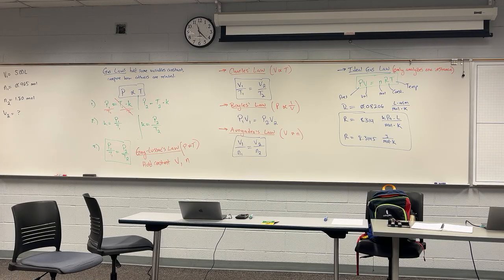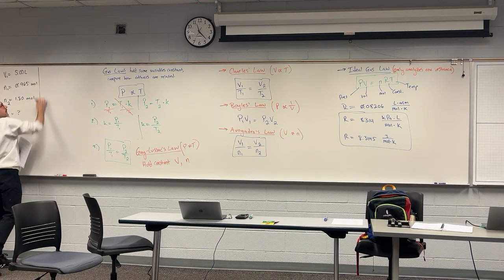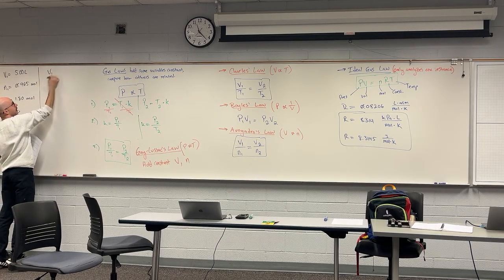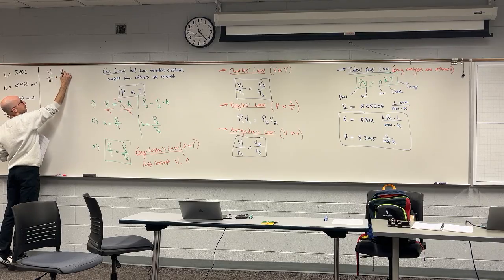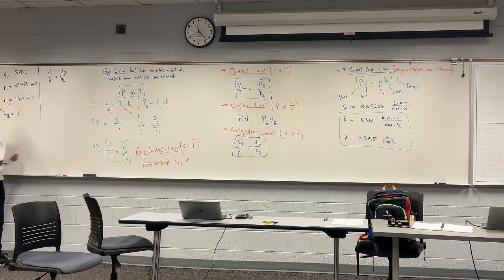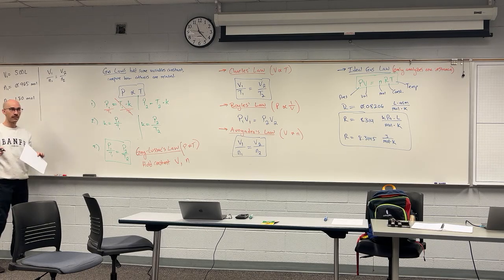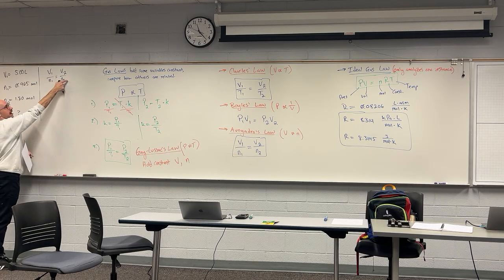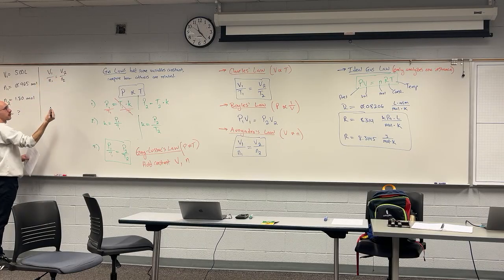Okay, which of my laws is useful for V and N being the only variables changed? Avogadro's law. So if I copy down Avogadro's, V1 over N1 equals V2 over N2, this isn't how I want it to look. I want to solve for V2. So I'm going to do a little bit of algebra. I'm going to multiply N2 on both sides.